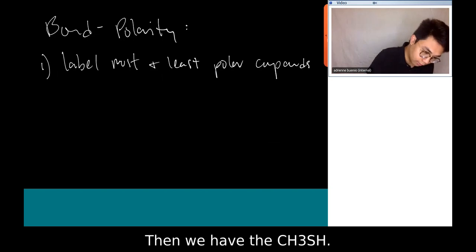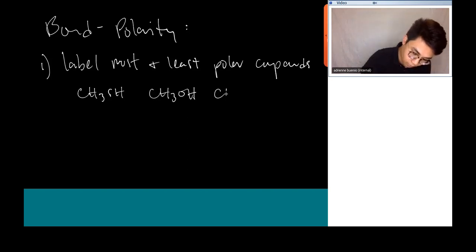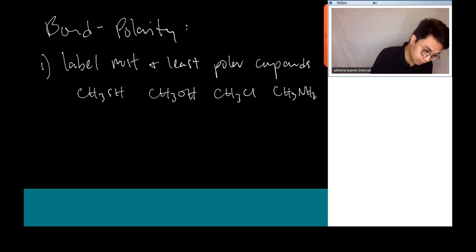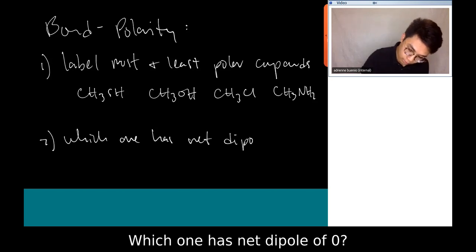And then we have CH3SH, CH3NH2, and then this second one, which one has a net dipole of 0?